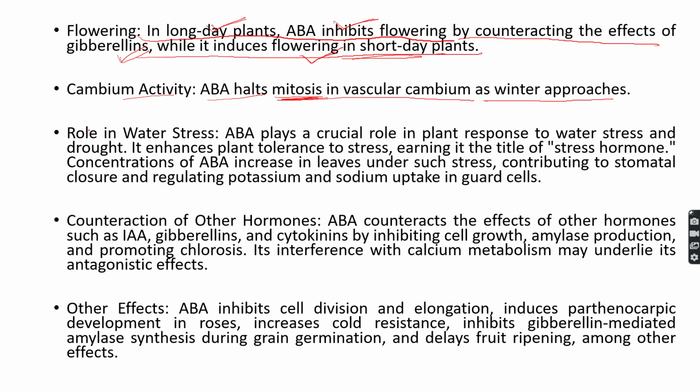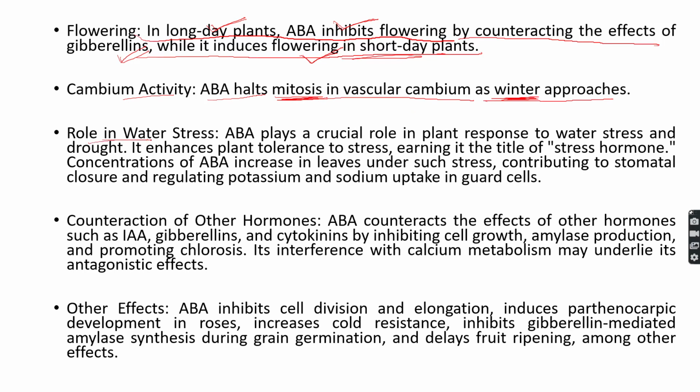Okay, that means indirectly it will reduce or inhibit the circulatory system of the plant by inhibiting water and food supply to the different plant parts during winter. That means it will reduce the metabolism of the plant.